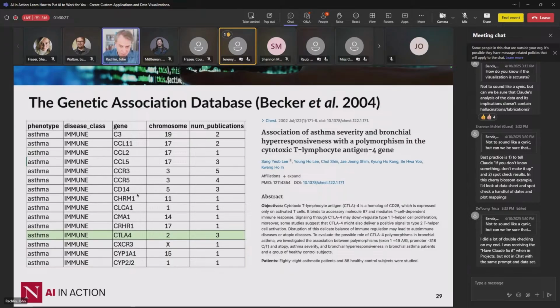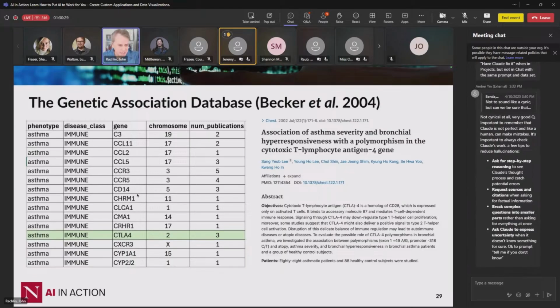But for example, this data set would say that asthma, which is an immune condition or part of the immune disease class, is associated or linked in some way to the gene CTLA4, which lives on chromosome 2.